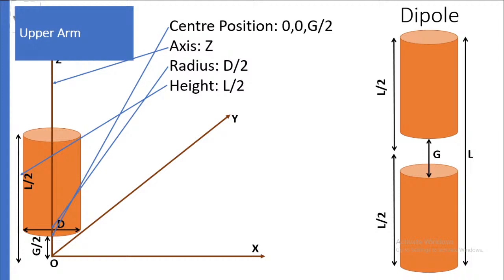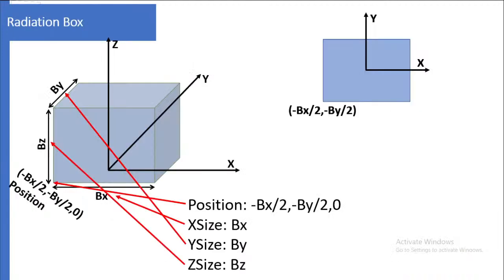Now let us come to the radiation box. Look at one of the corners of the box. The position of the box will be minus Bx by 2, minus By by 2, and 0. That is the box corner point, the reference point. So first fix a reference point. How do you choose it?